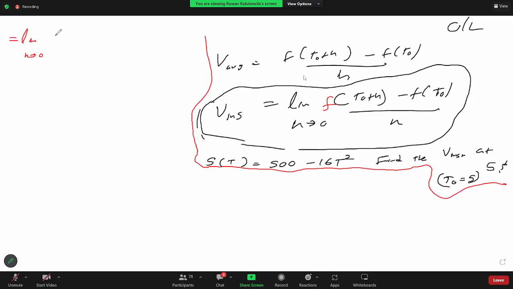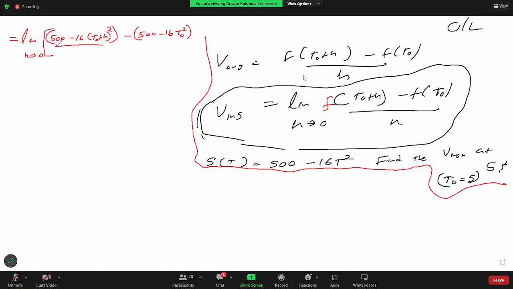What is that? 500 minus 16 times (t plus h) squared. f(t naught), that is 500 minus 16 t naught squared.